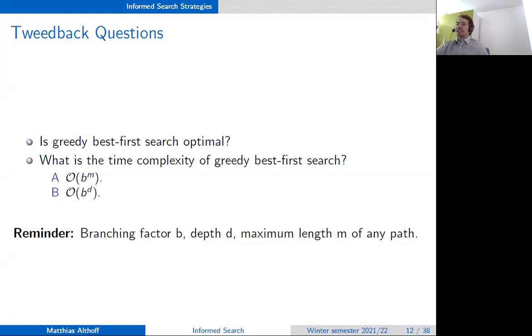Okay, so the answer is b to the power of m, because the heuristic is chosen so badly that you don't find the shallowest goal, and you have a worst case behavior. So A is correct.